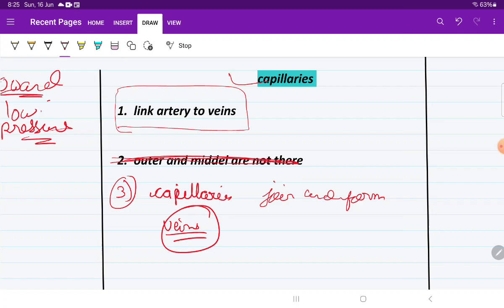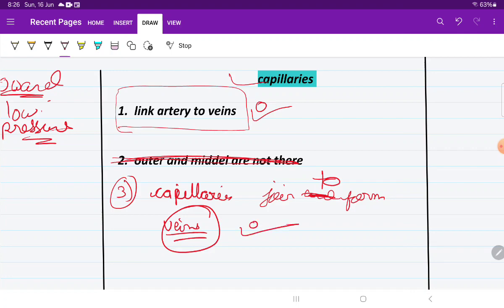Okay, they join and form the veins. There are two works. They link the artery to veins and join to form veins.